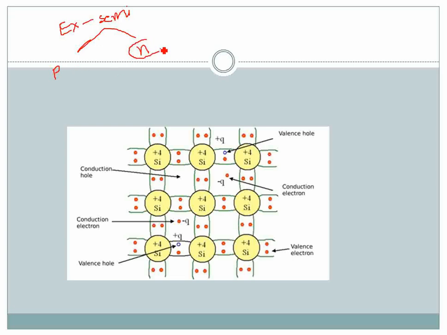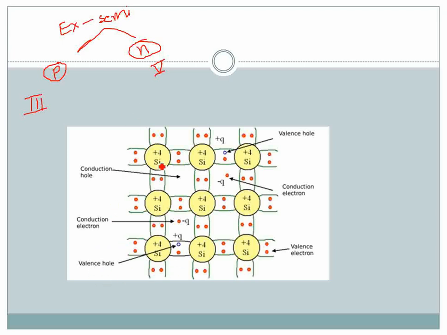Please do remember, if the doping element is trivalent, a third group element, that material is a p-type semiconductor. If a pentavalent or fifth group element is used as the doping element, that type of material is called an n-type semiconductor.